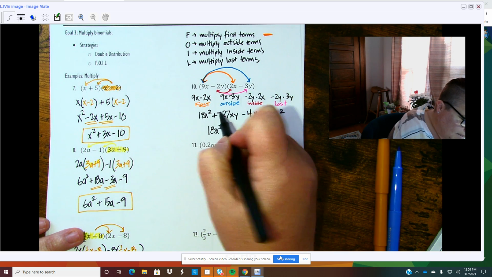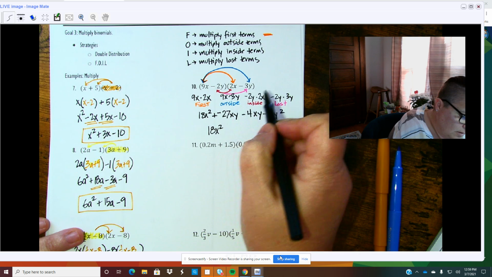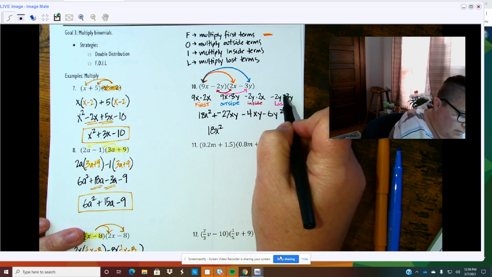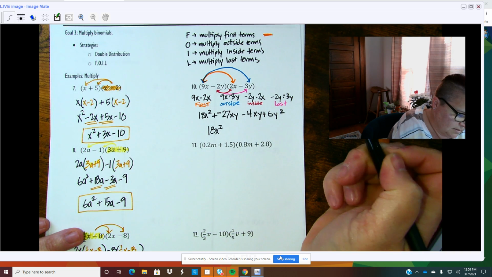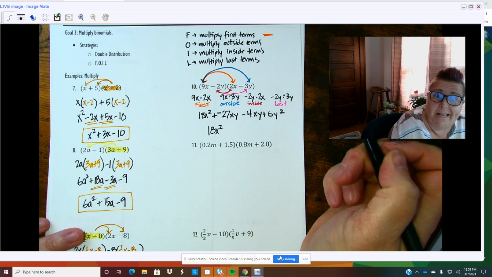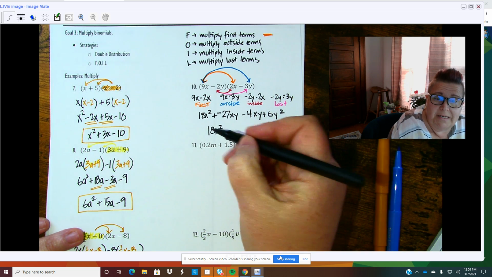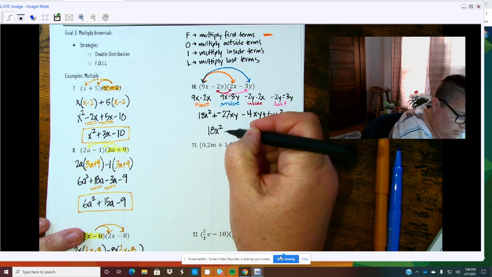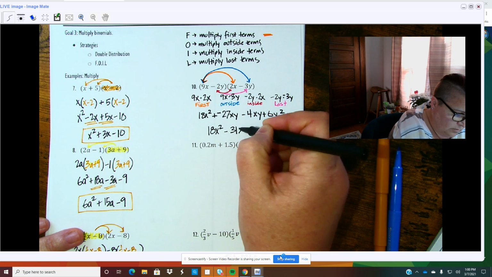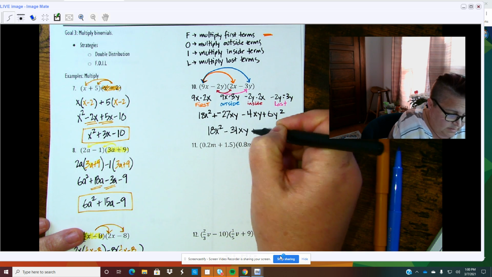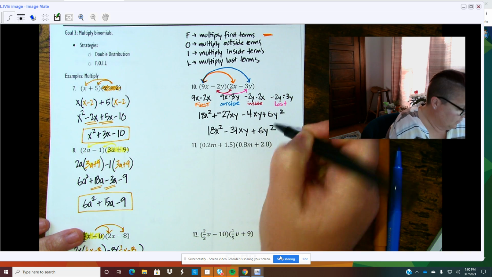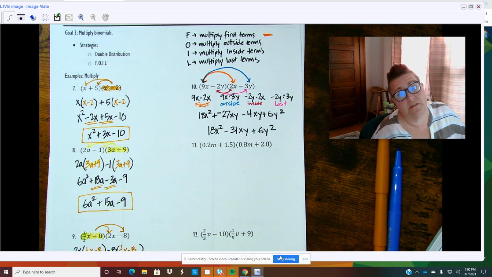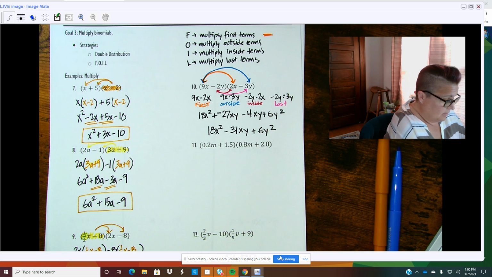So that would be a plus 27xy, minus 4xy, which is 23xy. Actually, 2 and 2, and this would be a minus 3, so that would be a plus 6. Glad I caught that one. So that would be an 18x squared minus 31xy plus 6y squared. And that's first, outside, inside, last.